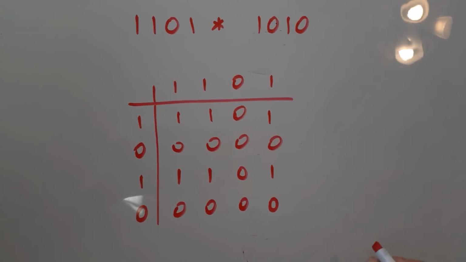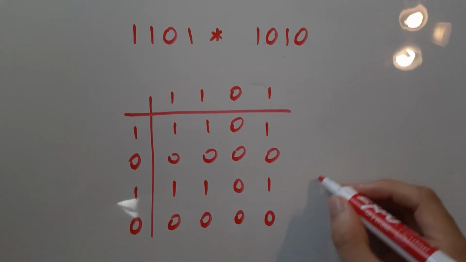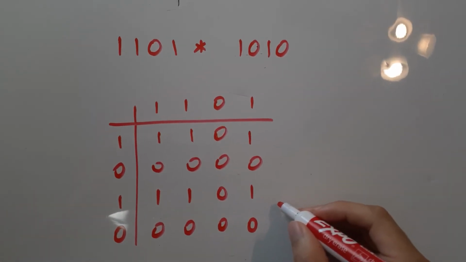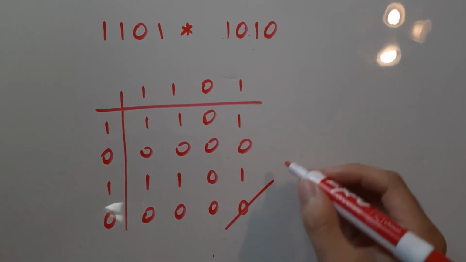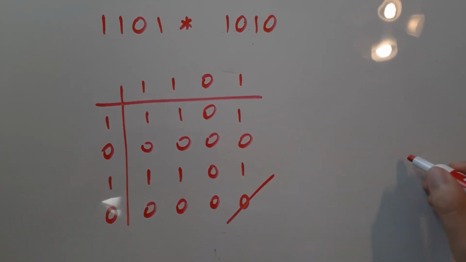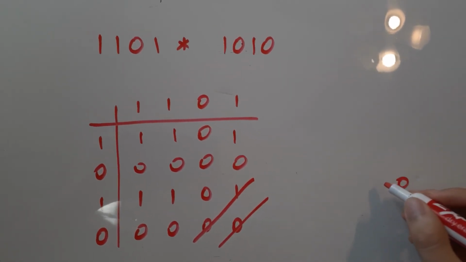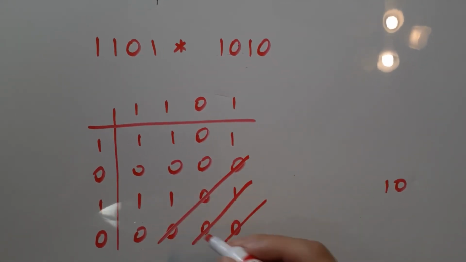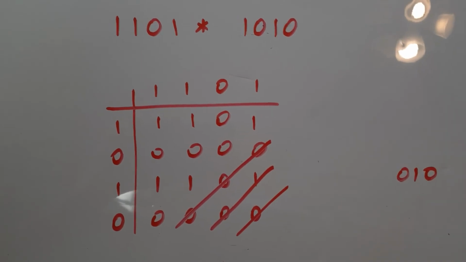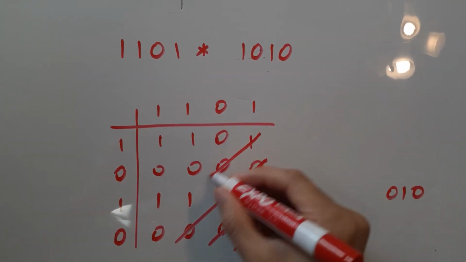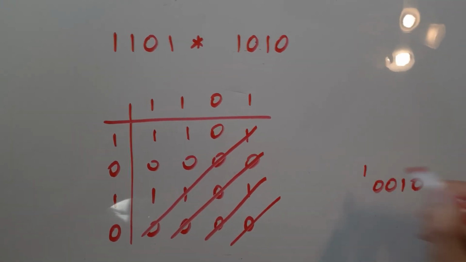Okay? And once you're done, you can add these diagonally. So you add all the numbers in this diagonal, and the result is 0. You add all the numbers in this diagonal, the result is 1. You add all the numbers in this diagonal, the result is 0. You add all the numbers in this diagonal, the result is 0, 1.